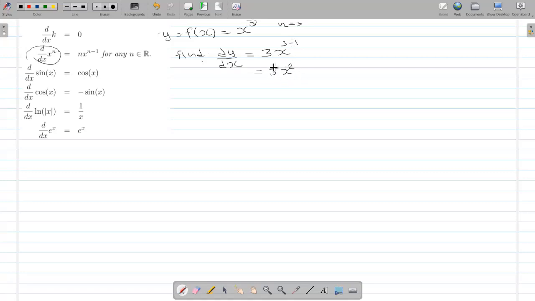So it gives me 3x squared as the derivative here. You bring down the 3 in front, comparing with this formula.